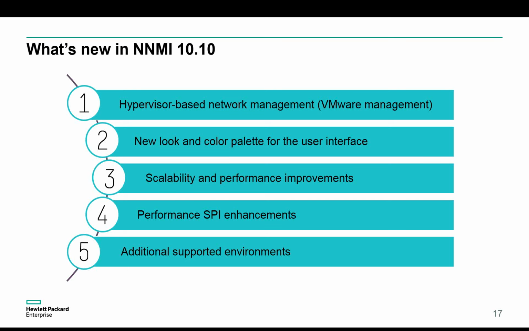And then we'll talk about some other improvements that we've introduced with version 10.10 around the user interface, around scalability and performance improvements in the core product, and then also some key enhancements in our traffic management capability for our performance iSPI. And then finally, we'll talk about how we are supporting different aspects of your environment that are changing very rapidly.